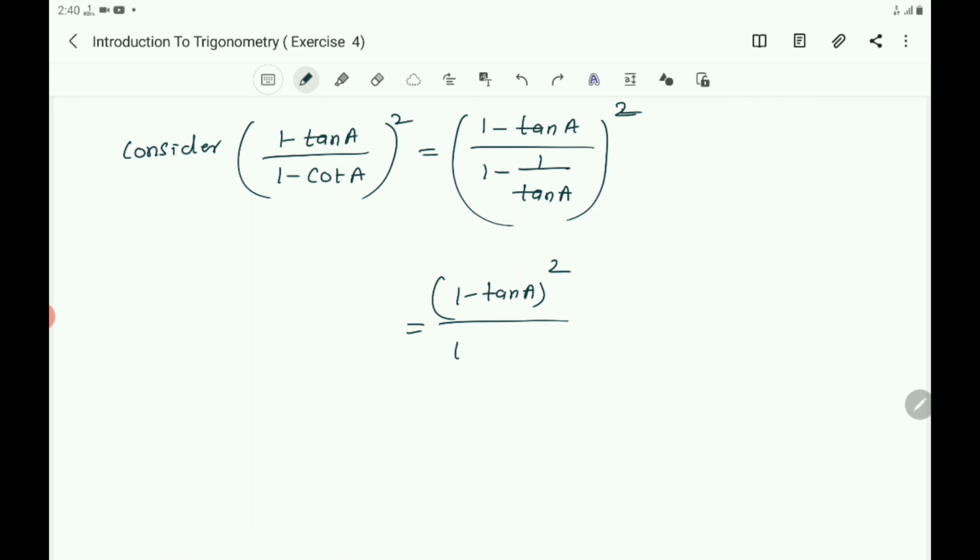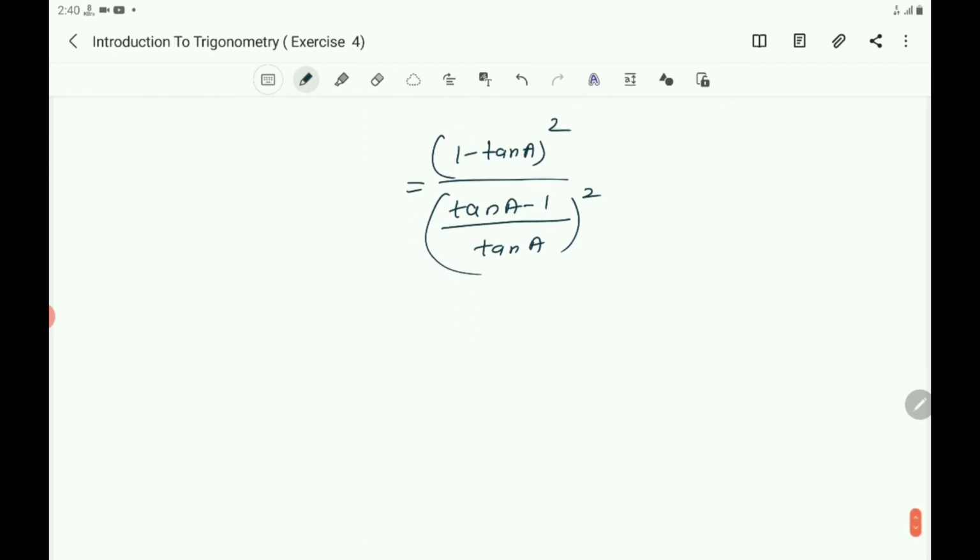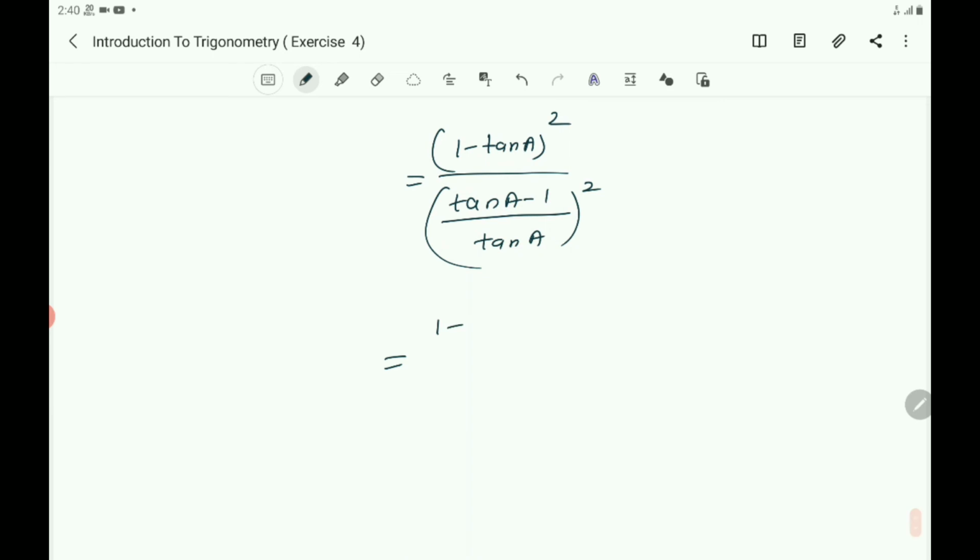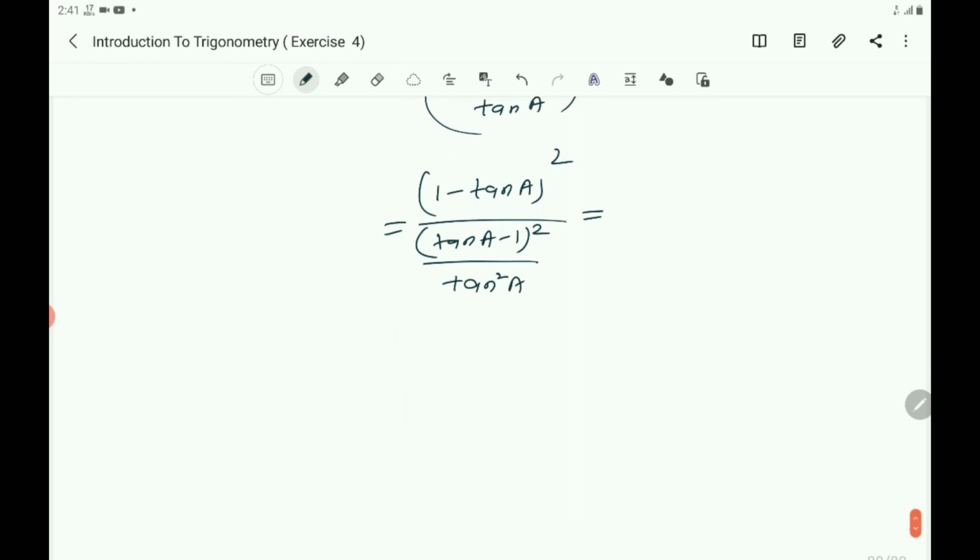Then this becomes tan A minus 1 by tan A whole square, and that equals you can write 1 minus tan A whole square by tan A minus 1 whole square by tan square A. And tan A minus 1 whole square and 1 minus tan A whole square both are same.